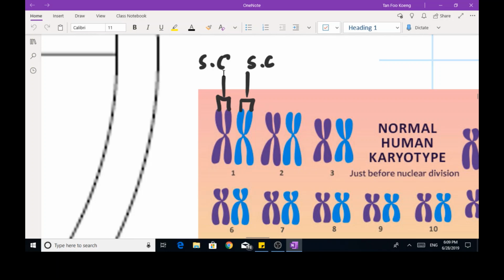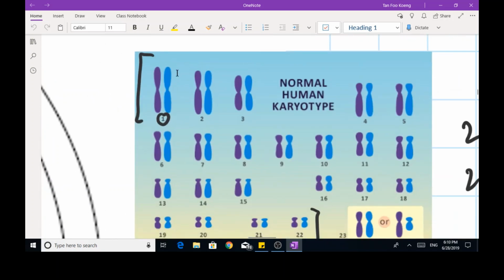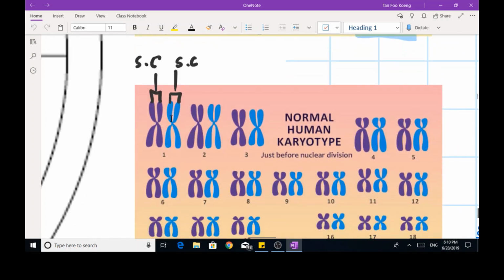We call them sister chromatids because they are the exact copy of each other. Same as this: initially this is the chromosome for the first pair of homologous chromosomes, then it makes its own copy. So right now, for the first homologous chromosomes, we have them existing as a pair of sister chromatids.